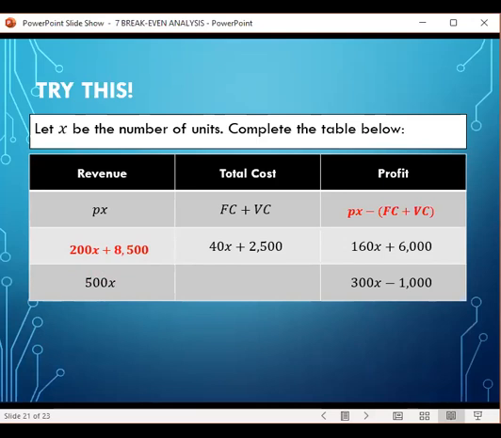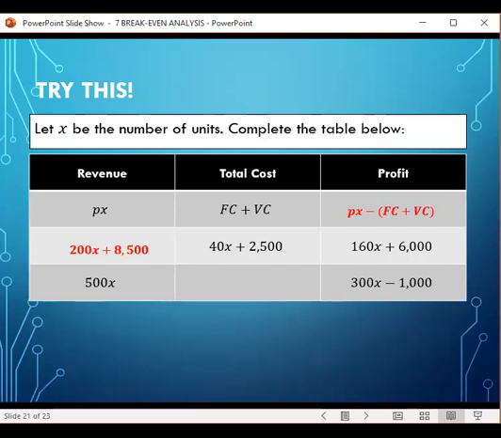The revenue is profit plus total costs. Again, profit plus total cost. So 160x plus 40x, you get 200x. 6,000 plus 2,500, you get 8,500.